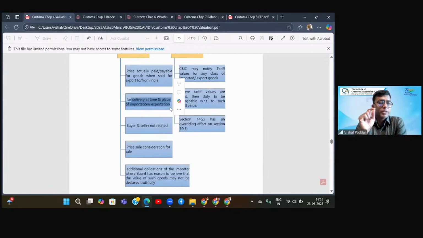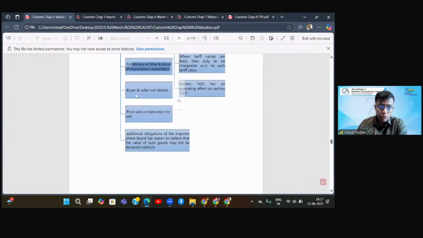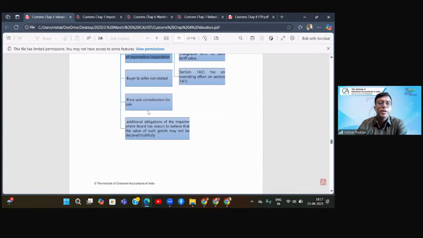You have to take the CIF price, which should include all costs till the goods land at the Indian port. These two conditions are common in the case of GST also. Buyer and seller are not related, and price is the sole consideration. The definition of relation is also very similar in GST and customs, with a few exceptional pointers. So this you need to keep in mind.